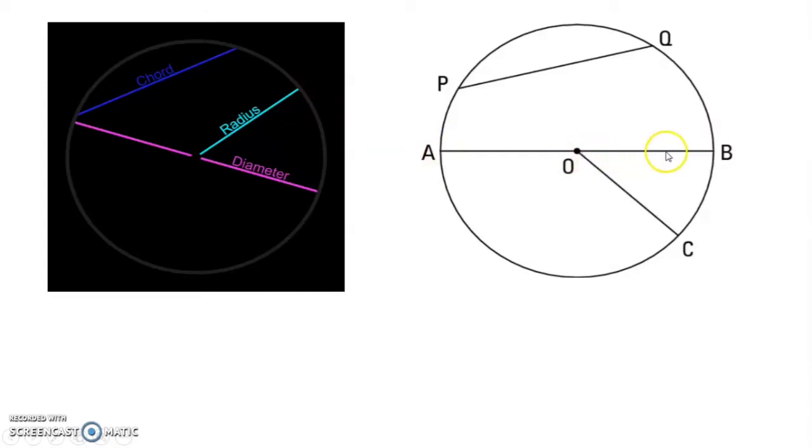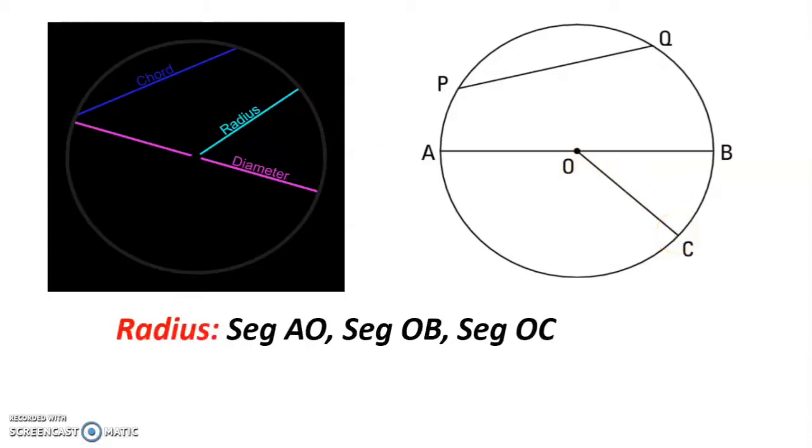Similarly, OB is the second radius. And third is segment OC. So the radii are segment AO, segment OB, and segment OC.